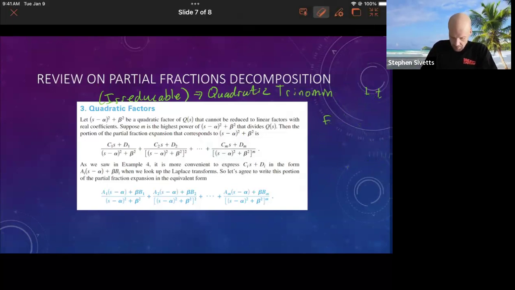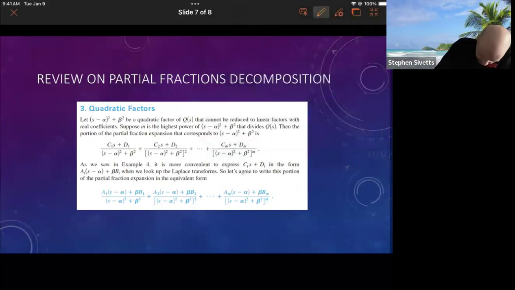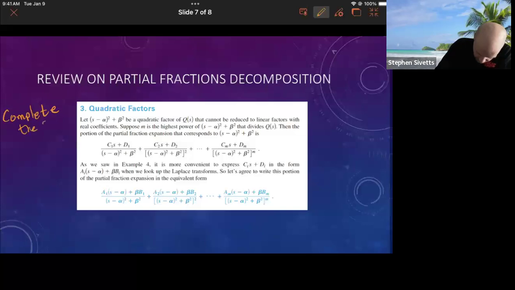So we are going to apply the complete the square method. All right. So complete the square method. All right.